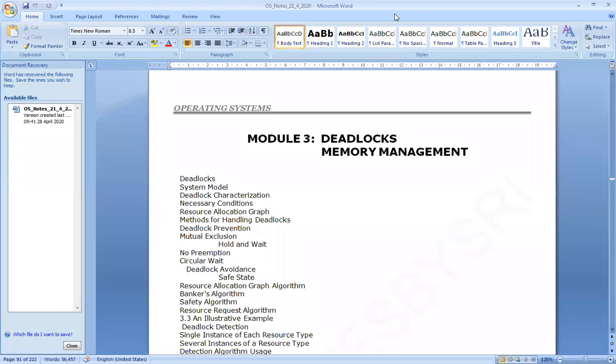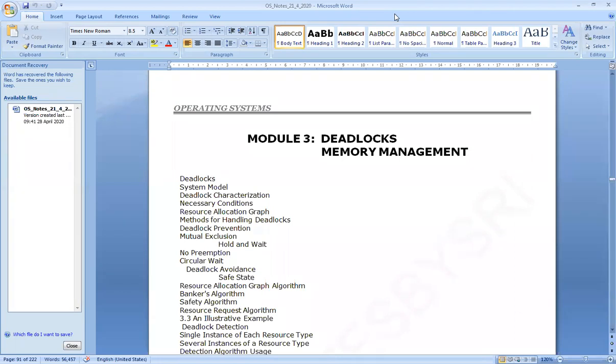About process management, and why process management is so important in the operating system, that we also understood. Then how the process is managed, how the process is synchronized, using what type of methodology, what type of algorithms, what type of technologies, all this we discussed in detail with some examples.